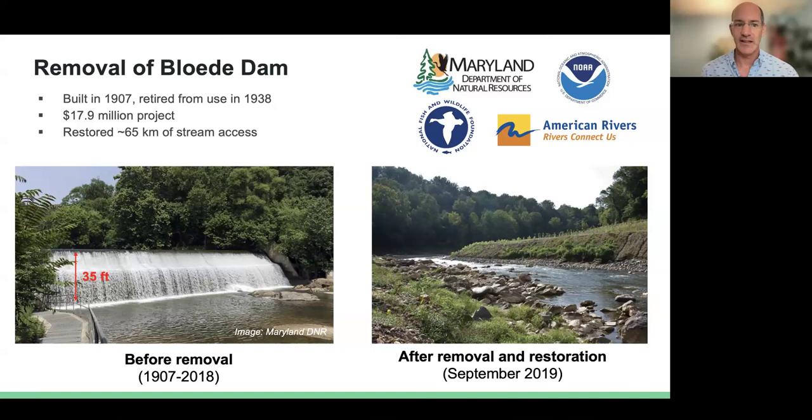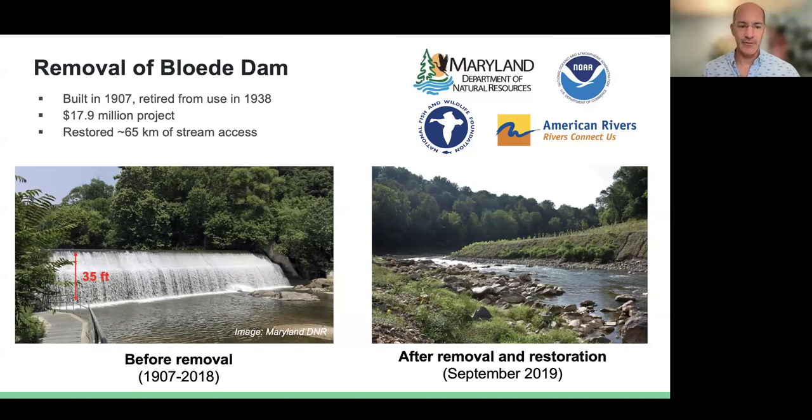The dam was built in 1907, and I think it was the first hydroelectric dam that had the turbines built inside the dam structure itself. And it worked for 20 some years before the pond behind it became completely silted in. And since 1938, it was basically sitting there. It's about 3 stories tall, and it was a pretty big, expensive project to remove the dam.